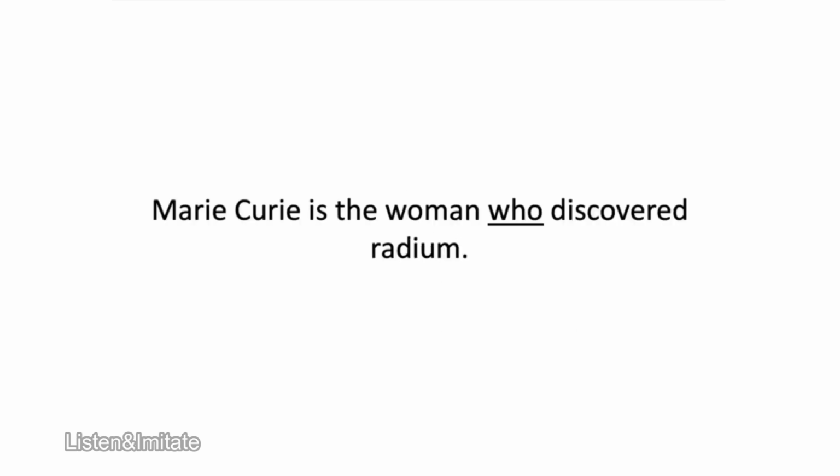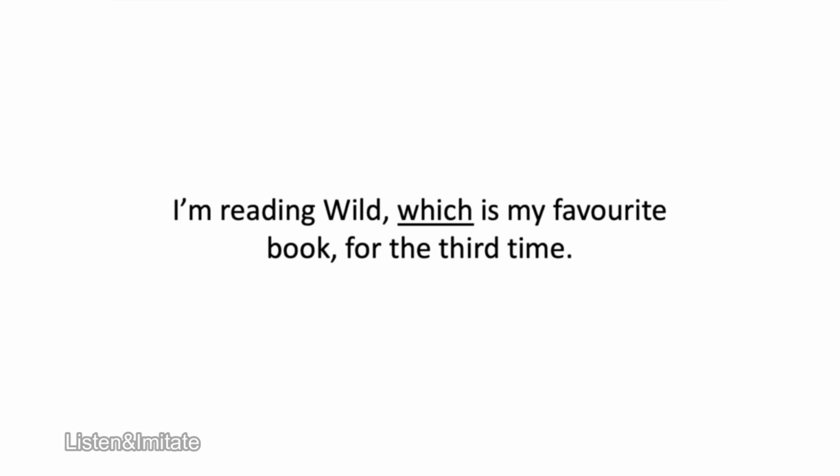For example, "Marie Curie is the woman who discovered radium." The relative clause who discovered radium gives more information about the woman Marie Curie. "I'm reading Wild, which is my favorite book, for the third time."